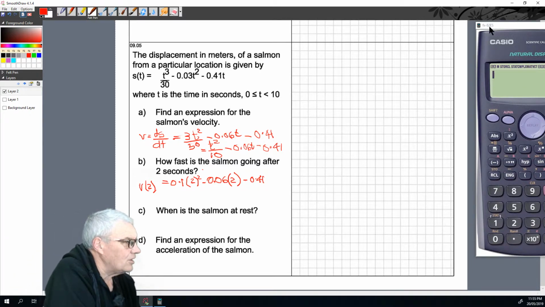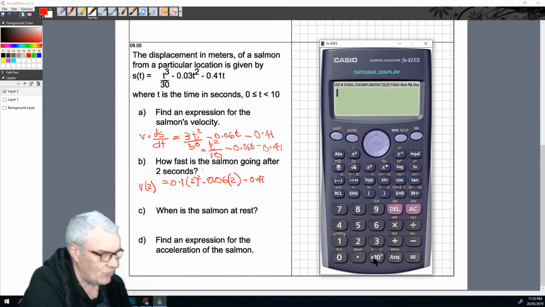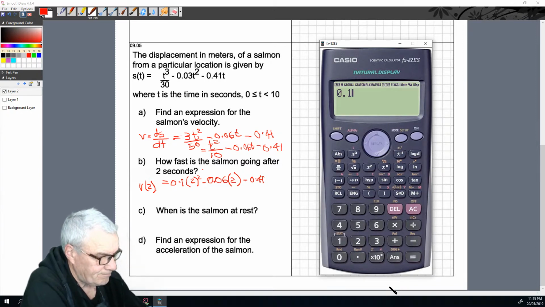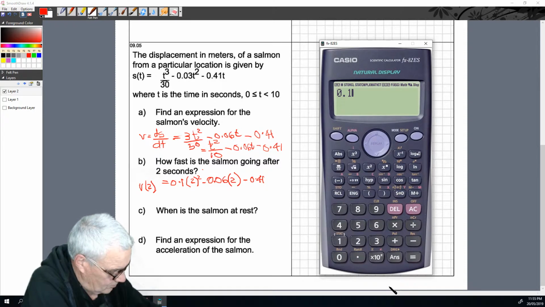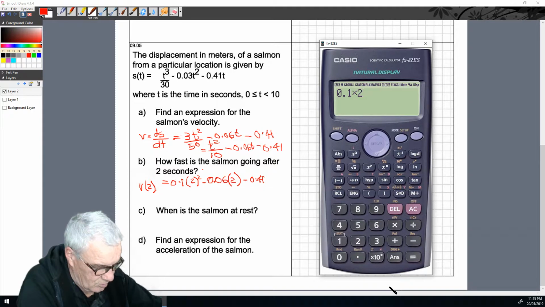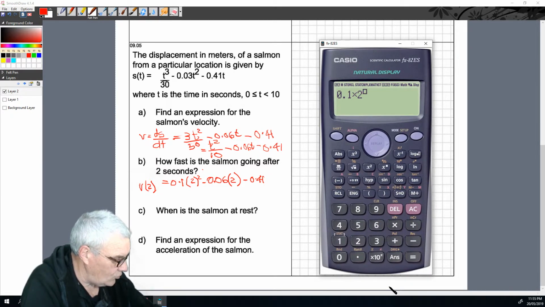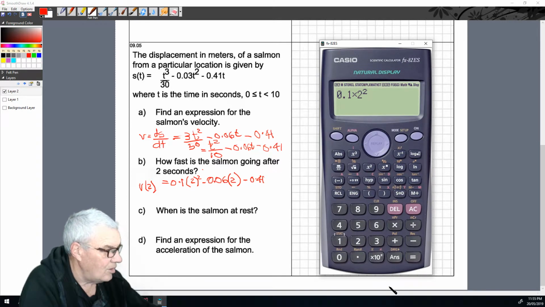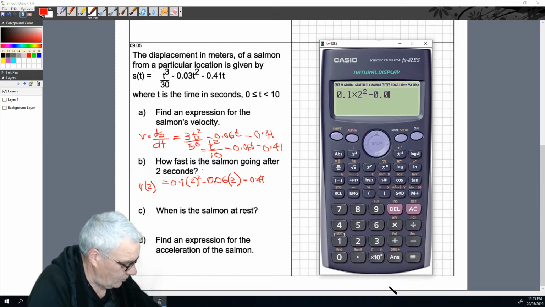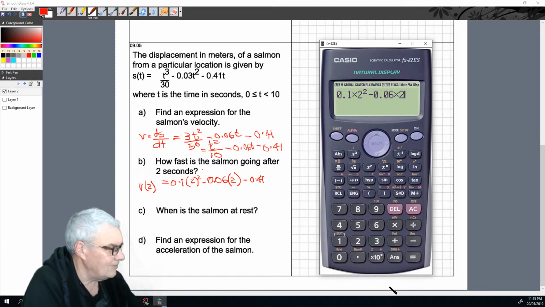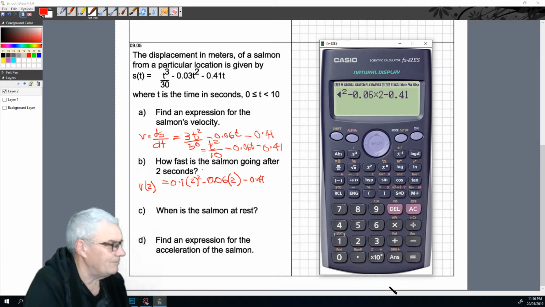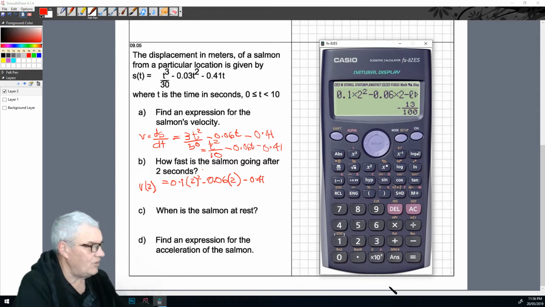Let's bring in the calculator, because the calculator enables us to do checks on things. So 0.1 times 2 squared, okay, 0.1 minus 0.06 times 2 minus 0.41. Enter.